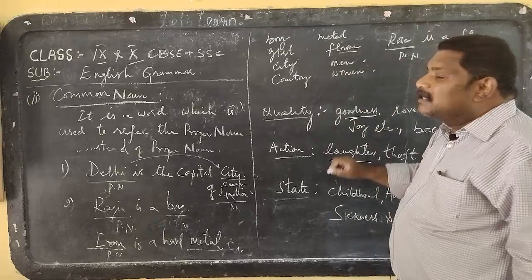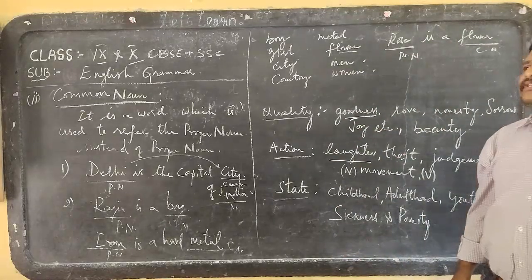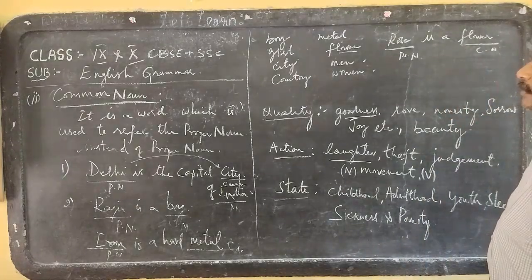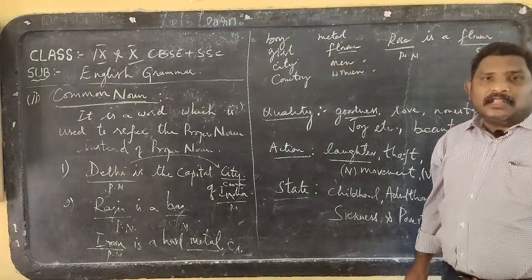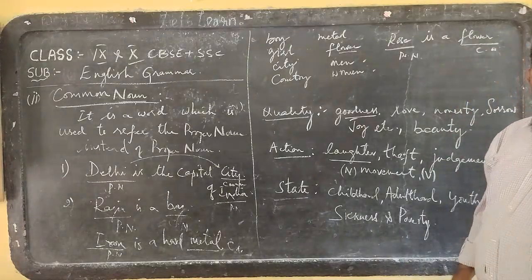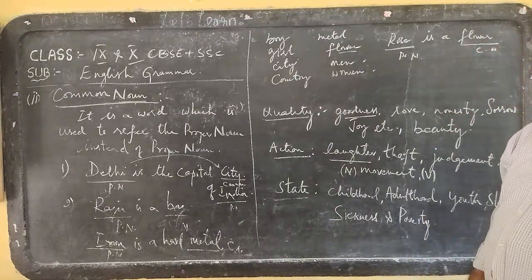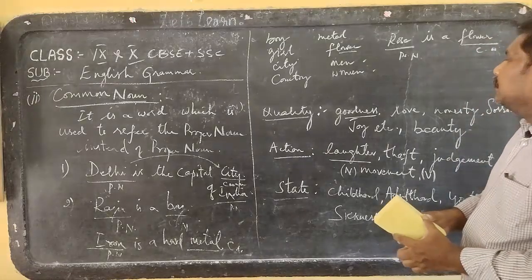All these are nothing but common nouns. So now you have understood what a common noun is. A common noun is a word which can be referred to all the proper nouns and can be used commonly.